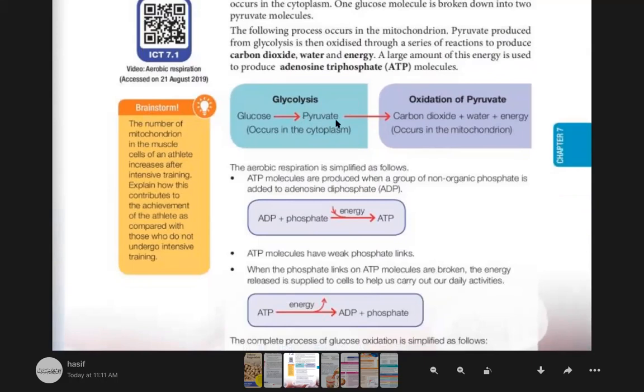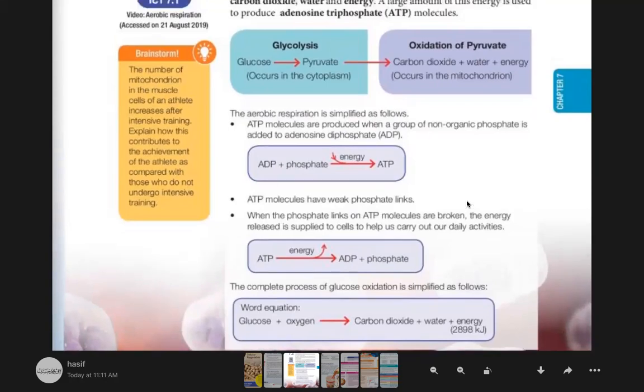So pyruvate that is produced in the cytoplasm will enter the mitochondria. For what? Okay, so that it can combine with oxygen. Sebab tu dia cakap oxidize. Oxidize tu maksudnya oksigen dia akan combine ataupun breakdown dia pyruvate. Untuk hasilkan apa? Untuk hasilkan carbon dioxide, water and energy.